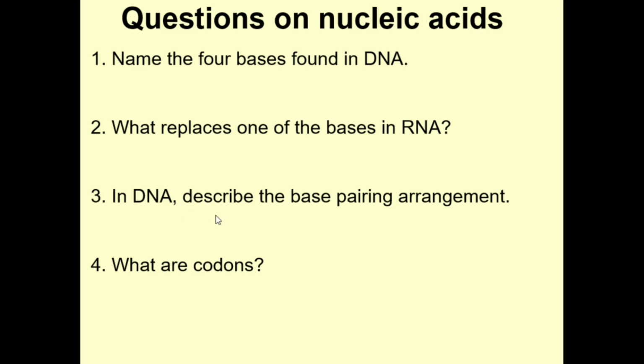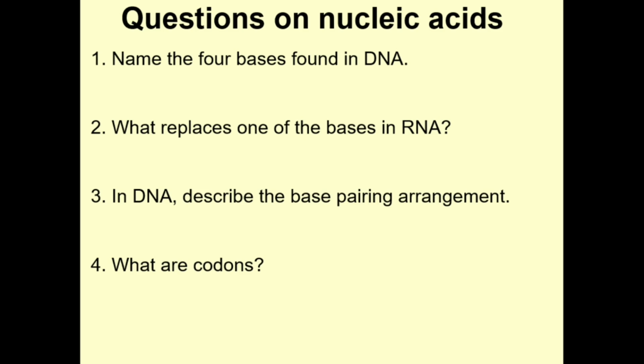Number 3, in DNA, describe the base pairing arrangement. And then number 4, what are codons? A little bit hard on that one. So we can pause this now and we'll give you a few minutes to try and answer those questions. So you can just jot them down and then we'll go through the answers together.